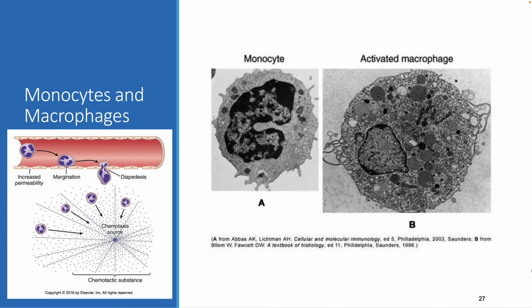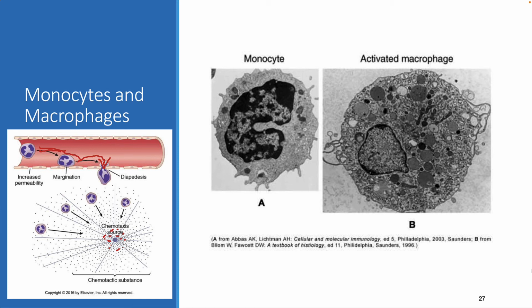So this is that process of diapedesis where the monocyte goes through this process of first margination, and then it goes through the vascular wall in a process called diapedesis. There's a chemotactic source, that is the inflammatory mediator, and the inflammatory markers are being secreted at this site.